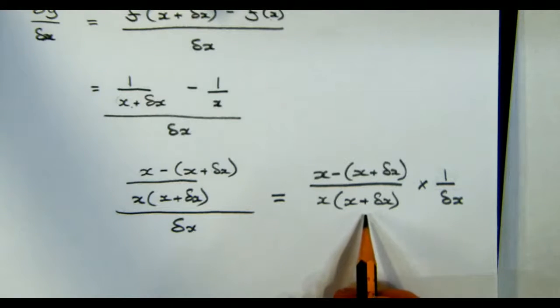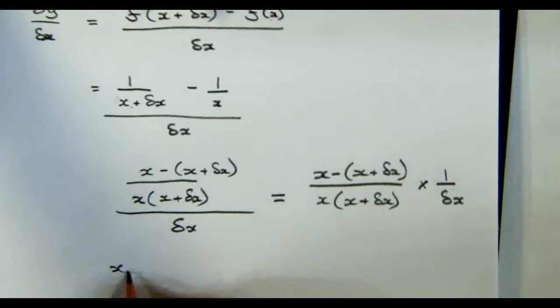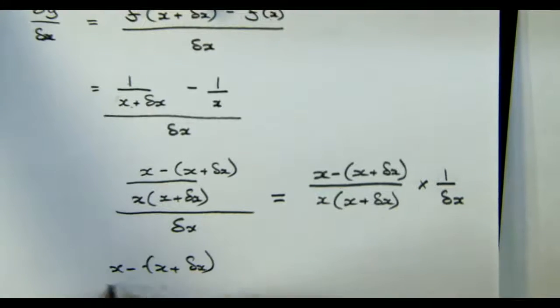That's going to give me x minus x plus delta x over x times x plus delta x times delta x.